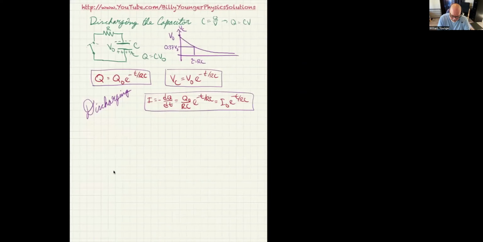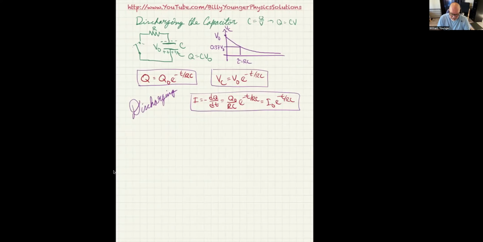I thought I had worked another example for that, but I do not see it here, so I must not have. And that's okay, because this is plenty long of a tutorial or lecture anyways. So I'm going to leave it at that, and later on today or tomorrow, I'll make a video showing a charging a capacitor example and a discharging a capacitor example.